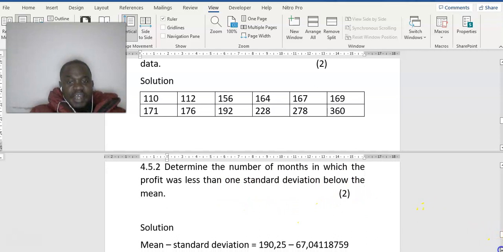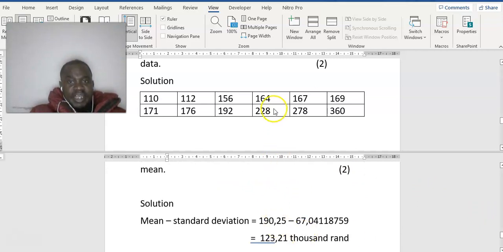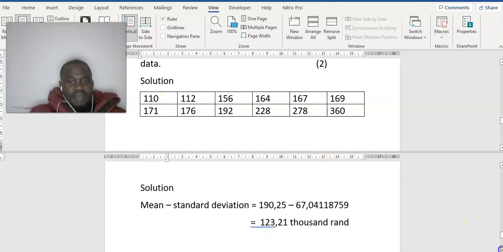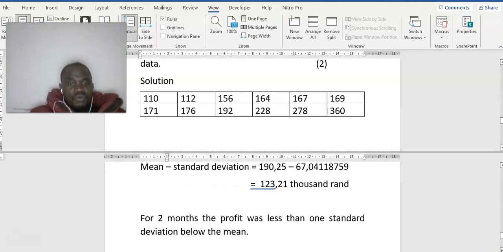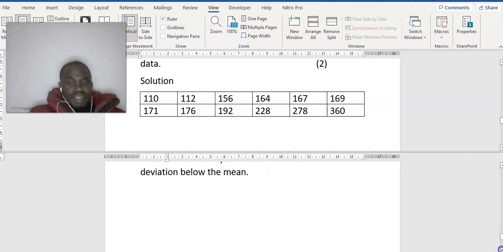If you find the numbers in the data that are less than 123,21, 110 is less than, 112 is also less than, 156 is more, so we can't pick this. So it's only 2. For 2 months the profit was less than 1 standard deviation below the mean, so it's only 2 months.